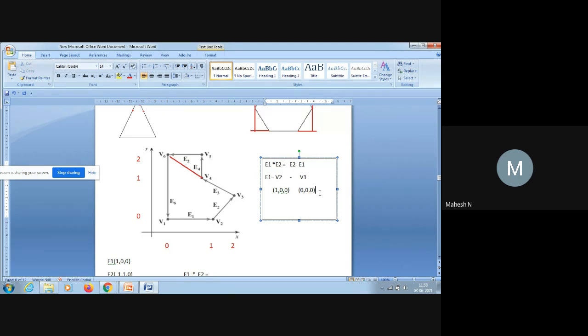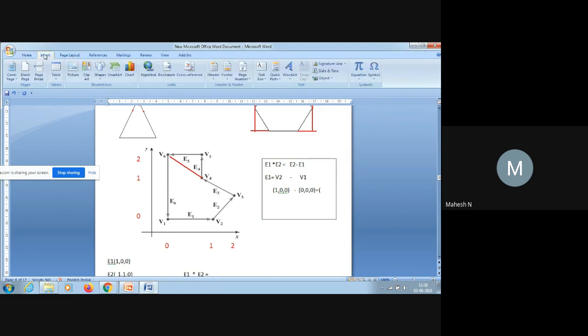So now V2 minus V1 is nothing but the respective axis difference. So the x-axis of V2 minus the x-axis of V1: x-axis of V2 is 1, x-axis of V1 is 0.